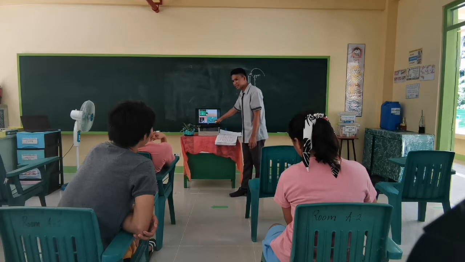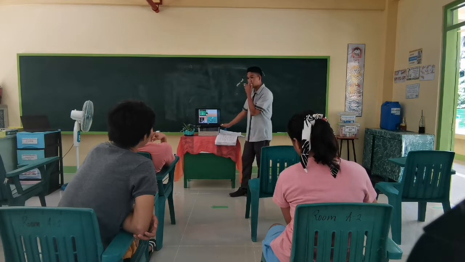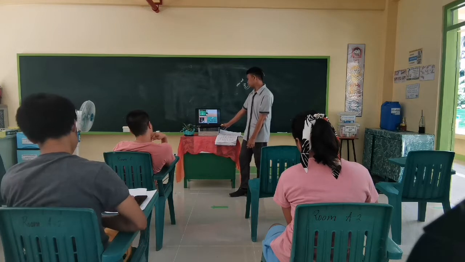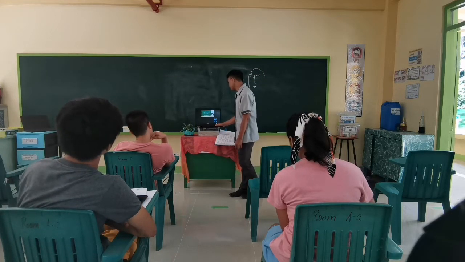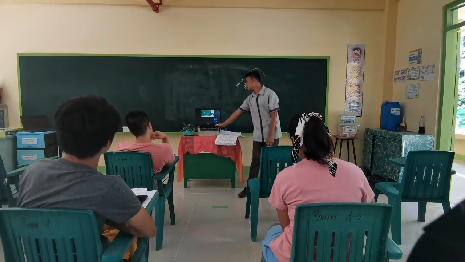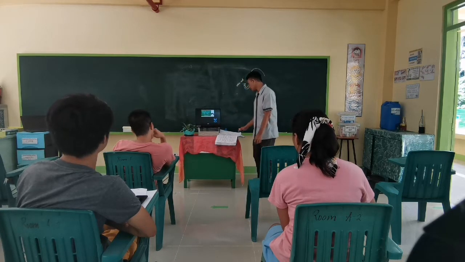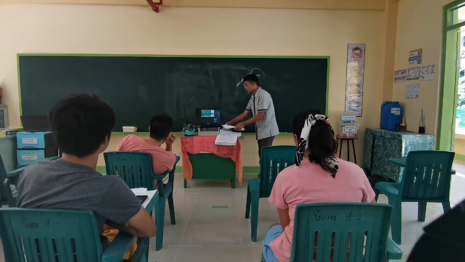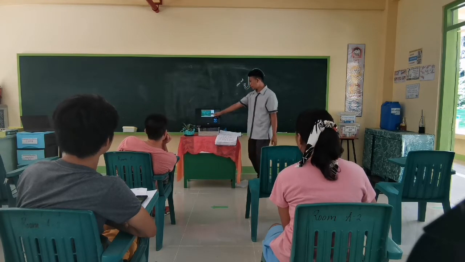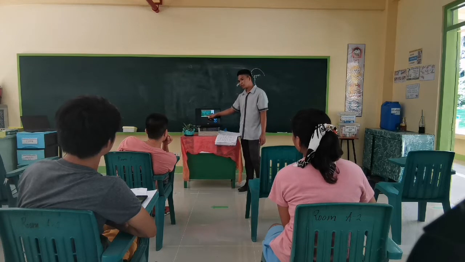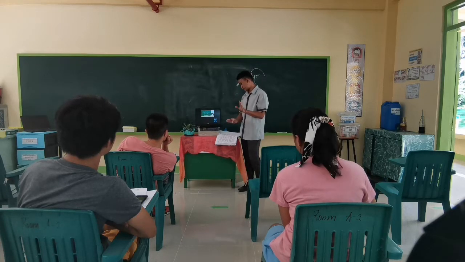Now this illustration shows how Robert Boyle came up with this. So this is the relationship of the pressure and volume. The graph shows that when the volume is increasing, the pressure is decreasing, and vice versa.